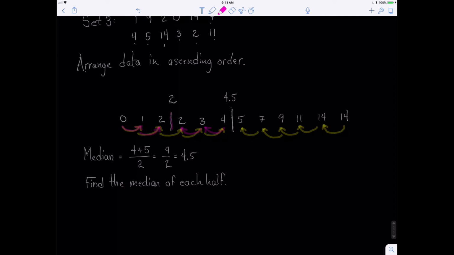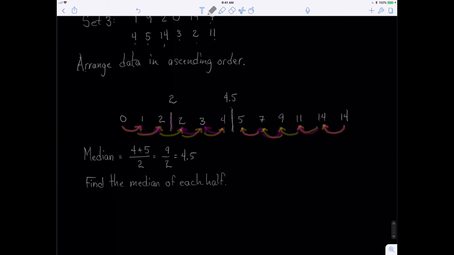Okay, so we'll just put these lines here to keep track. Let's do this one more time, and now with the upper half of the data. So I'm going to start, my low end is a 5, so I'm going to go up to a 7. My upper one is a 14, so I go down to the next 14. Then I go from the 7 up to the 9, from the 14 down to the 11, and look at what happens.